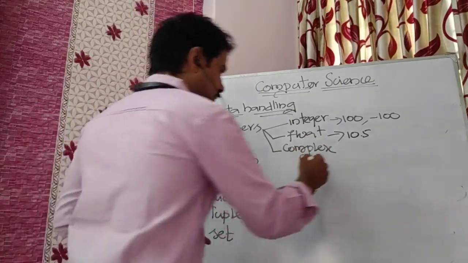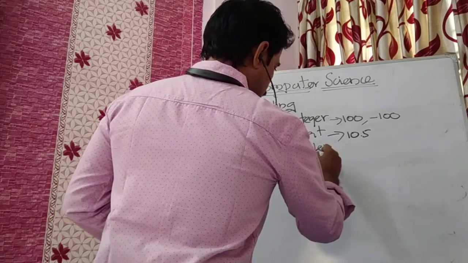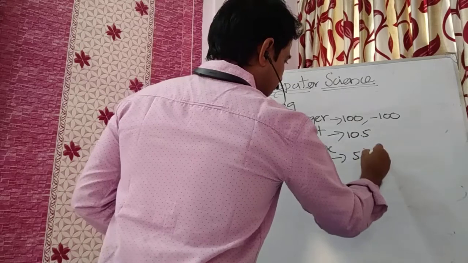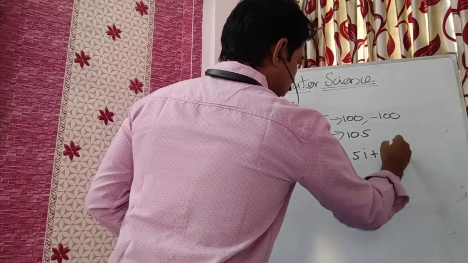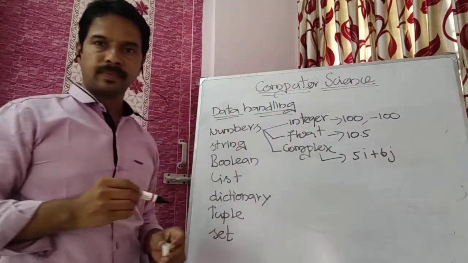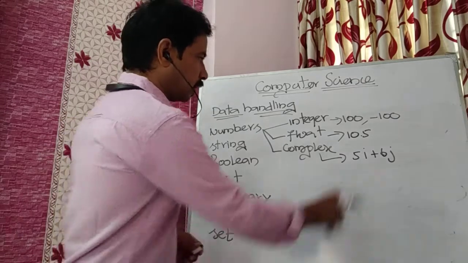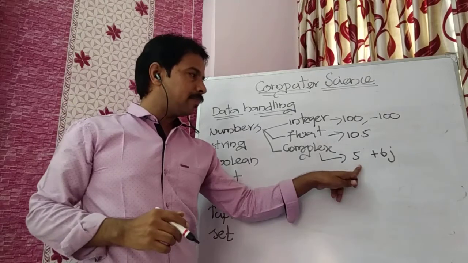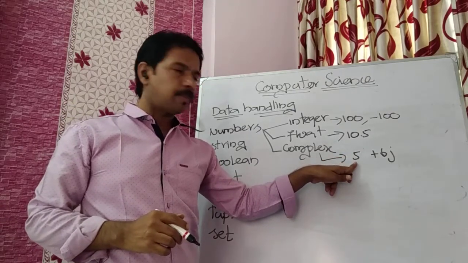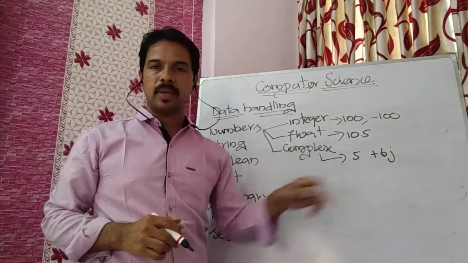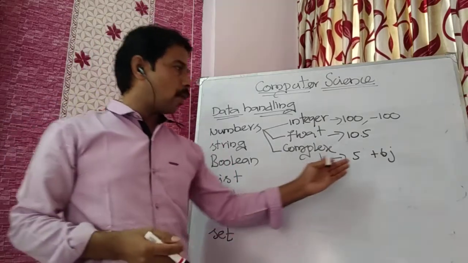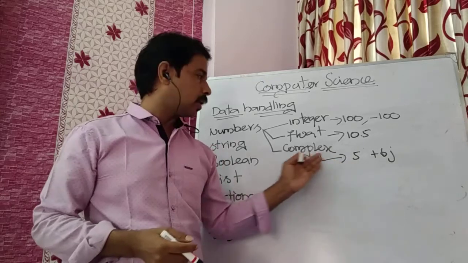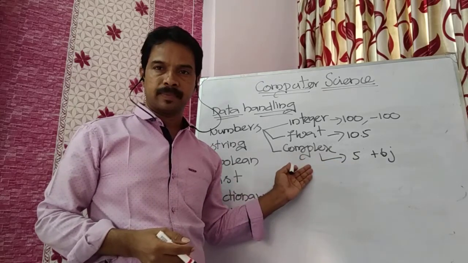Complex number in the sense, suppose, see, 5 plus 6j. Here you see this 5 is the real part and the 6 is the imaginary part. The combination of this real and imaginary part together is called a complex number.